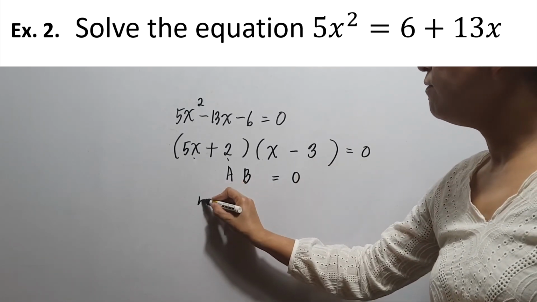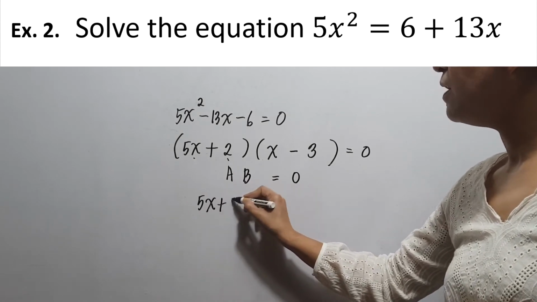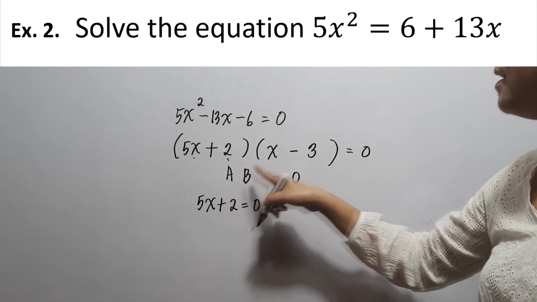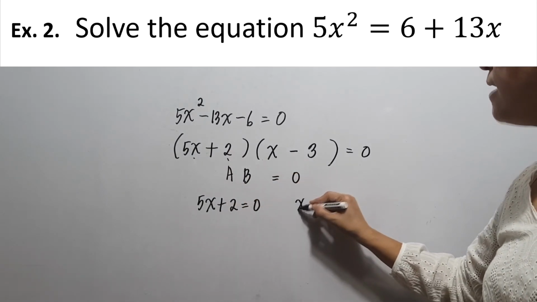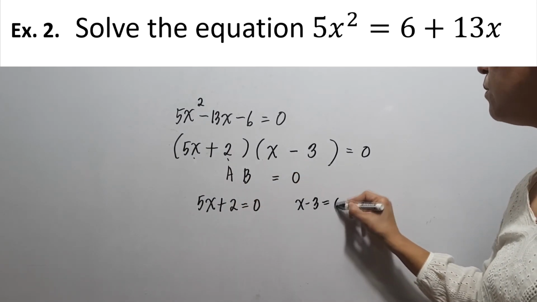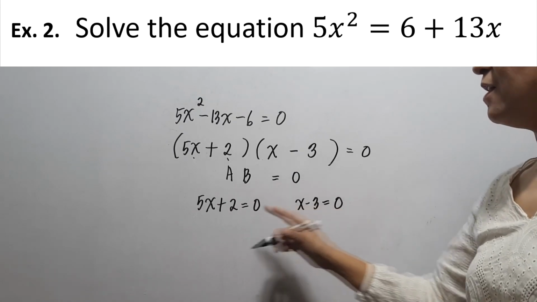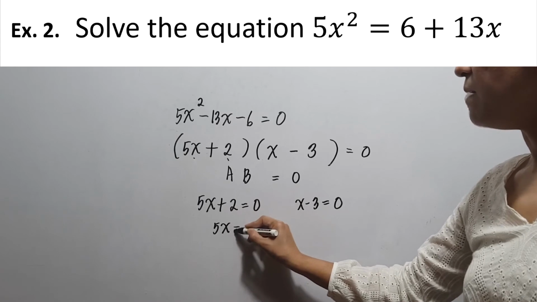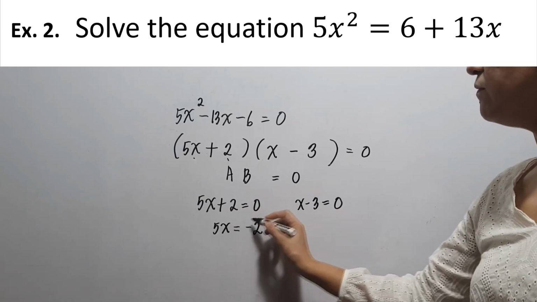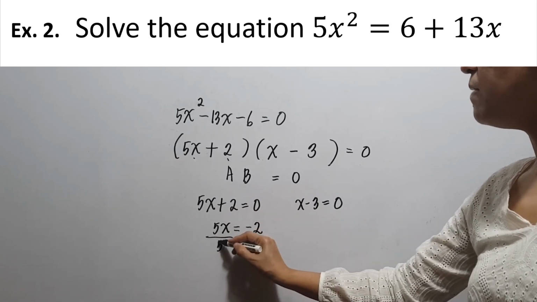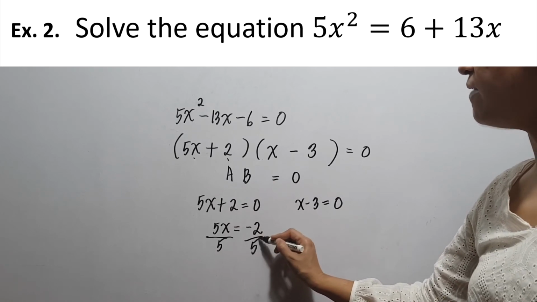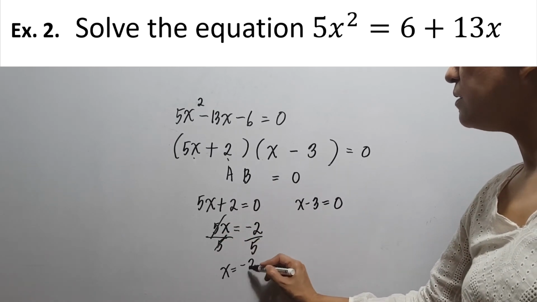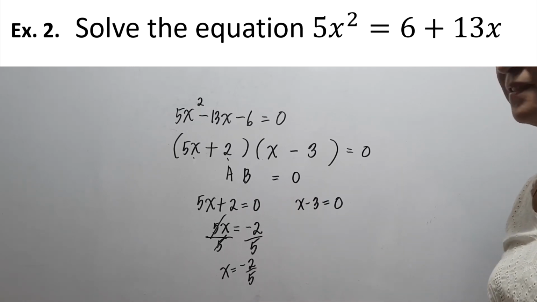So, we have 5x plus 2 equals 0, that's A, and B is x minus 3 equals 0. Solving for x, 5x is equal to negative 2, divided by 5, divided by 5. So x is equal to negative 2/5.